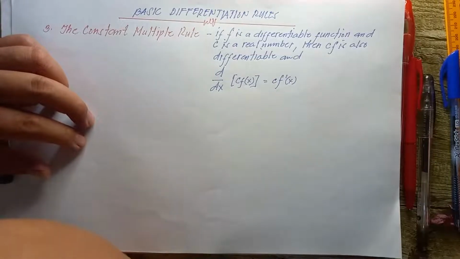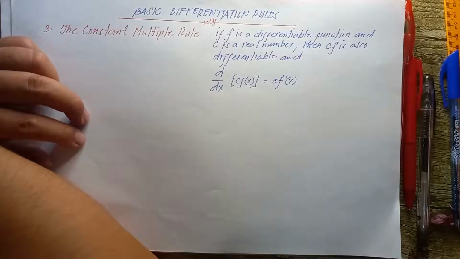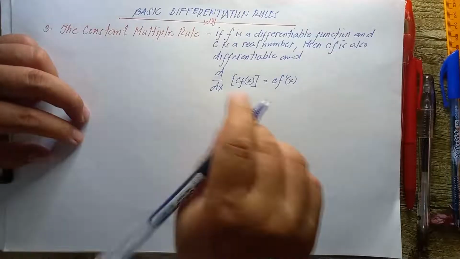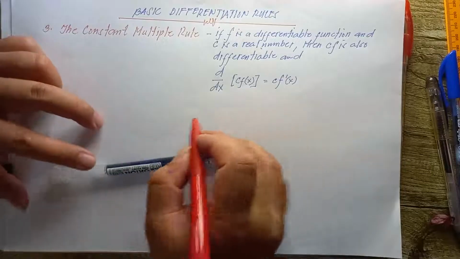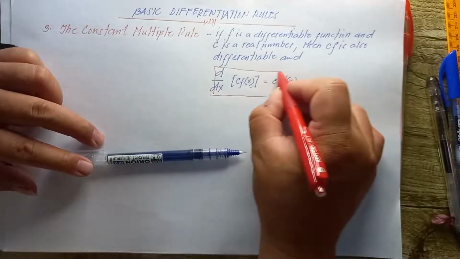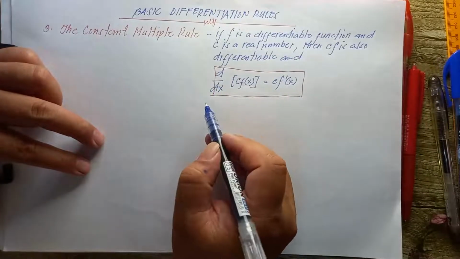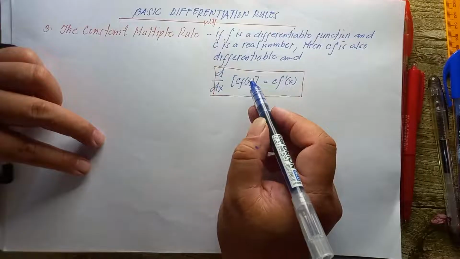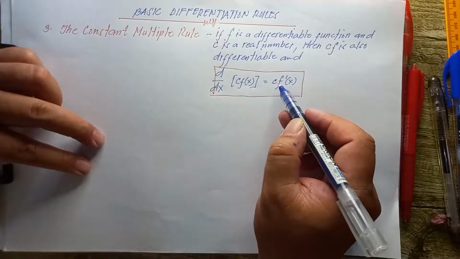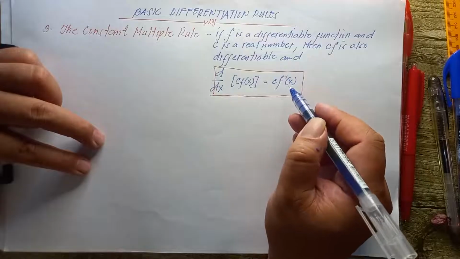So that is the meaning of the constant multiple rule, and that is the notation: d over dx of c f of x is equal to c f prime of x.